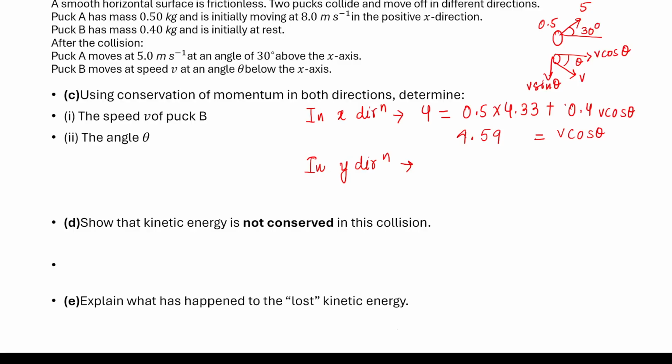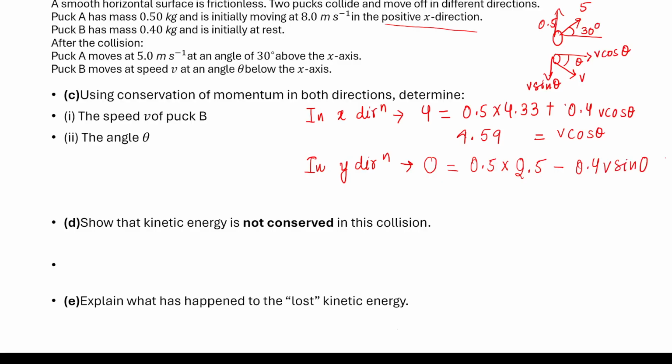OCR, yes. All right, so in the y direction, the initial momentum was 0 because my puck was only moving in the positive x direction. And then the final momentum of the 0.5 kg puck is 0.5 times 5 sin 30, which we already calculated, that is 2.5, and this downwards is 0.4 v sin theta.